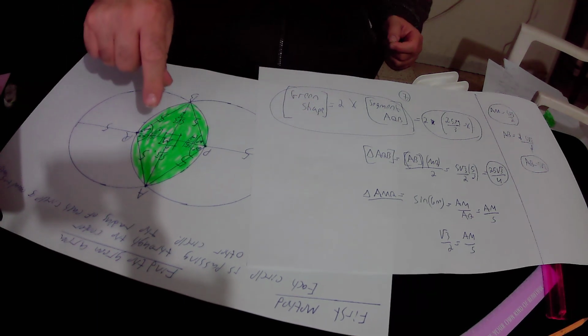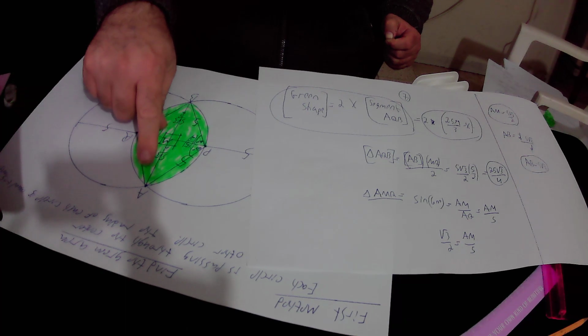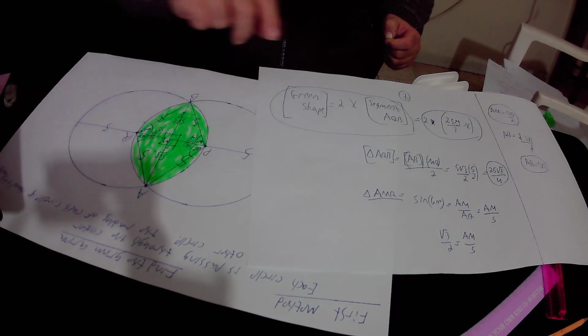Why? Because those two areas are equal, therefore we can take one segment and multiply it by 2, and we will get the area of this green shape.